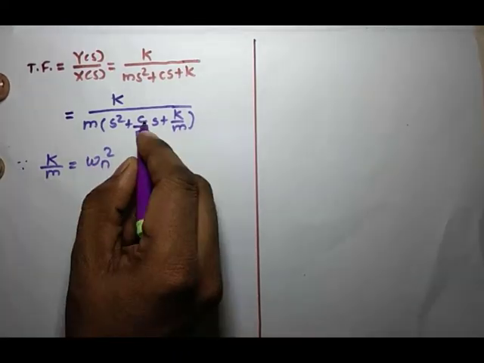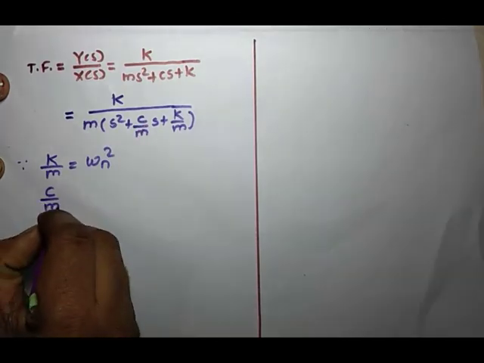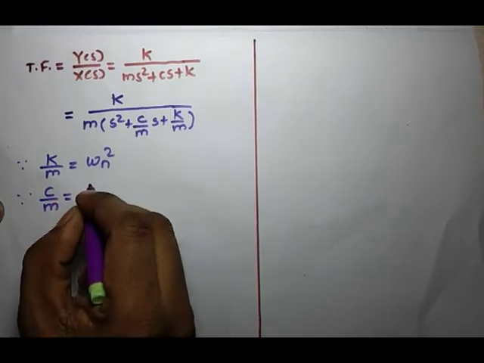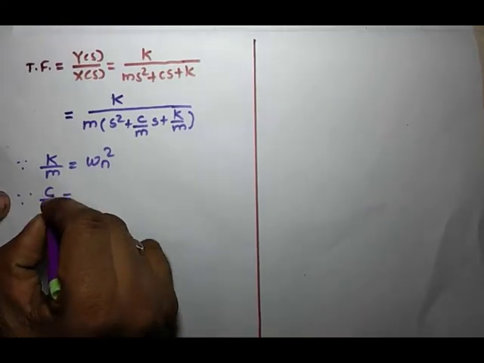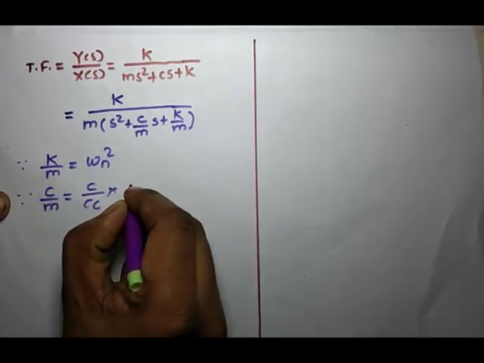Now to find the c upon m ratio in terms of zeta and natural frequency, we'll modify this ratio as c upon cc, dividing and multiplying by cc.